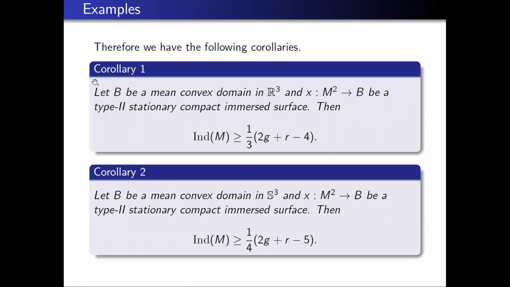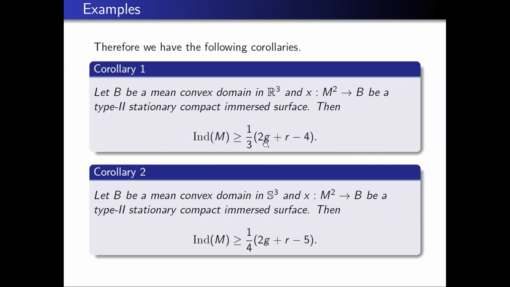And we give 2 examples. The first example: let B be a mean convex domain in Euclidean space, and X be a type 2 immersed surface. Then we have the Morse index of M lower bound.